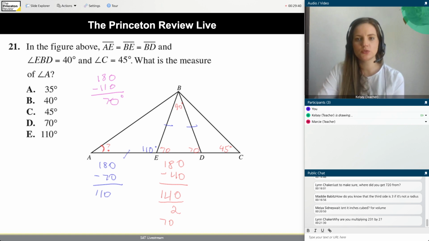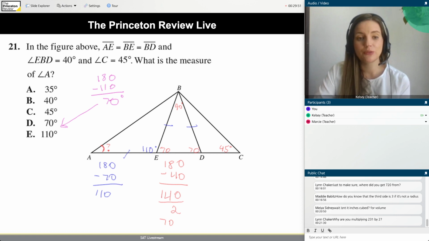And here's where it's really easy to fall into a trap, right? Because we see that that matches up with 70 degrees there. But we have to make sure that we're looking for what the question is actually asking. And we need to split that 70 between these two angles here. So we actually need to divide that by 2. So it's going to be 35 here and 35 here.